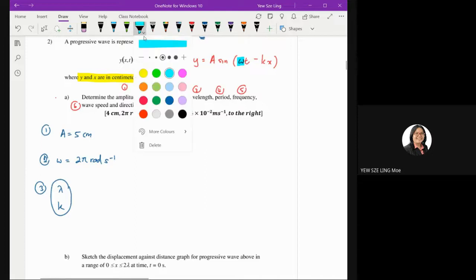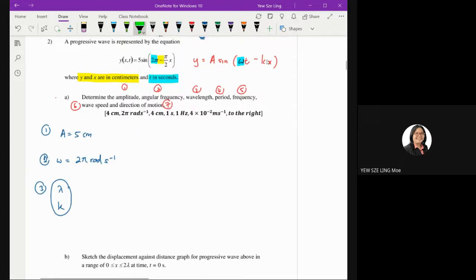By comparison, I have K is equal to pi over 2. What is the unit? My X is in terms of cm. Therefore, cm^-1. So compare with the general equation for K, which is K equals 2 pi over lambda.